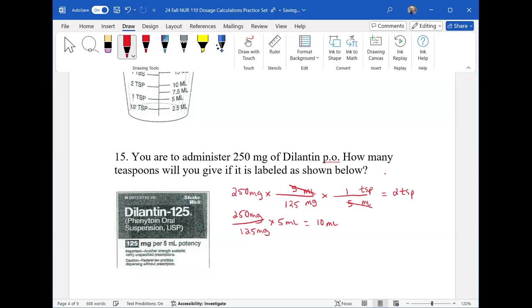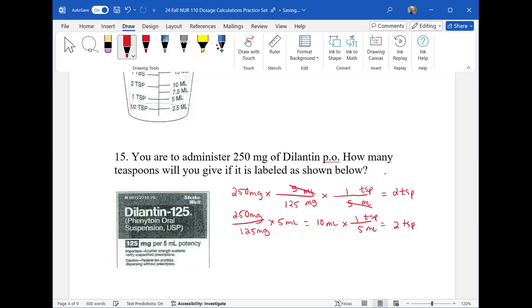Then you still got to convert that to teaspoons. So you just have to remember to convert that to teaspoons, however you do that. Everyone does this a little bit different. So you might do it the dimensional analysis way. You might just know that if 1 teaspoon is 5, then 2 teaspoons would be 10. But either way, you get the same thing.